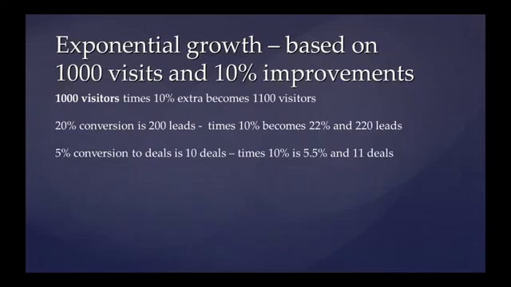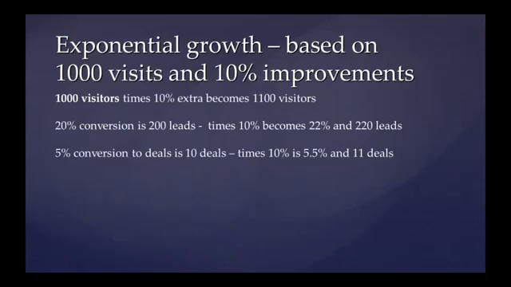A 10% improvement becomes a 22% lead conversion rate, and therefore 220 leads. And if you convert 5% of those into actual property deals, a 10% improvement takes us up to 5.5%, not even a whole percentage point, and that would make you 11 deals.